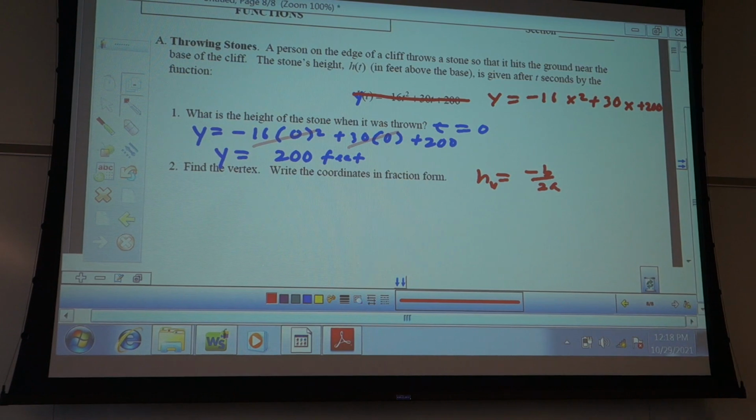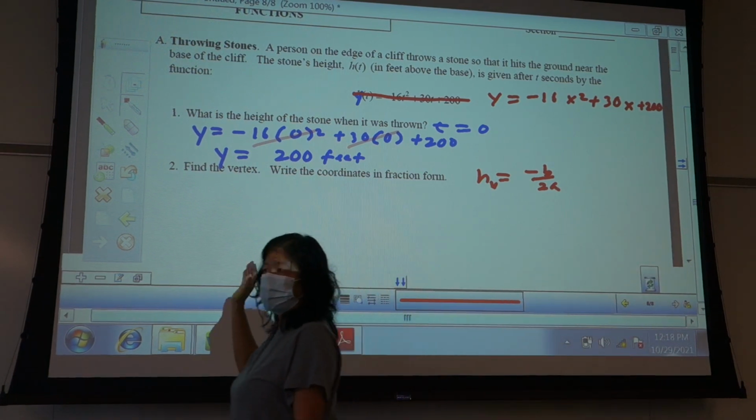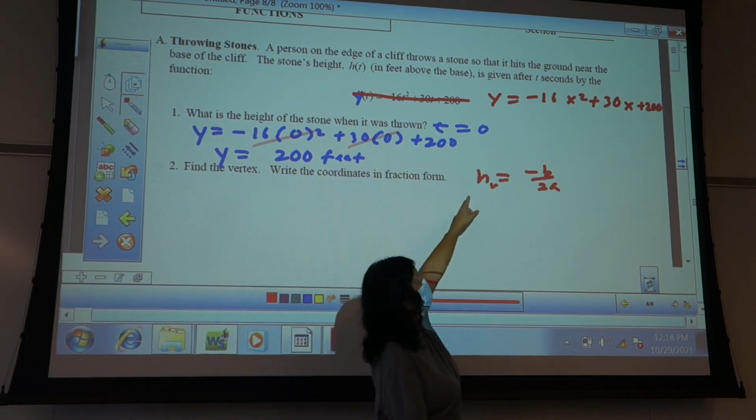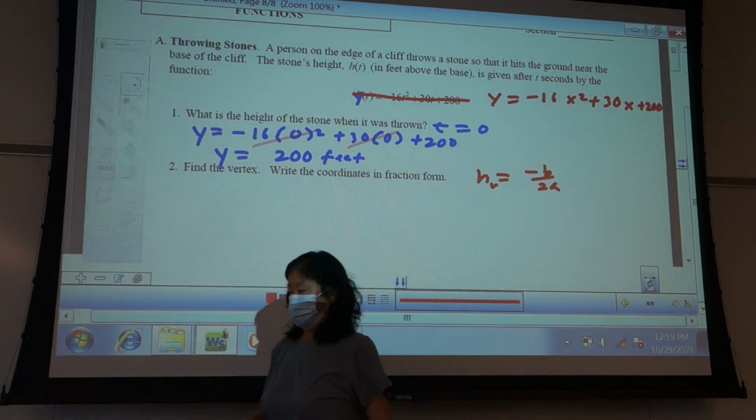Is everyone all right with that? I think everyone will feel better. Just remember on the homework that it might call it t, and just make it x. Your x's will be t's. We're converting it over because otherwise, like June pointed out, my h gets confusing. It's not height. This is my vertex.